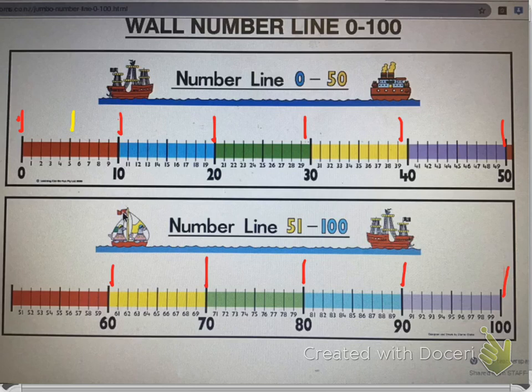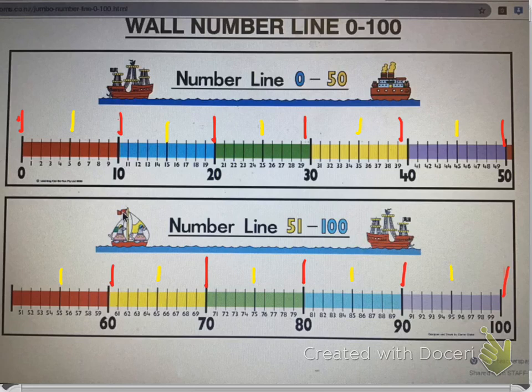Okay, if I look between the 10 and the 20, the halfway mark is 15. And between 20 and 30, our halfway mark is 25. You should start to see a pattern. The halfway mark between two multiples of 10 always ends with the 5. 35, 45, 55, 65, 75, 85, and 95.